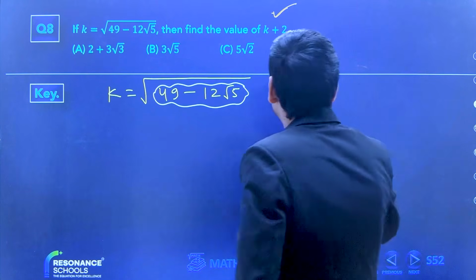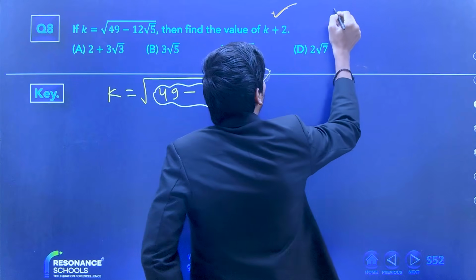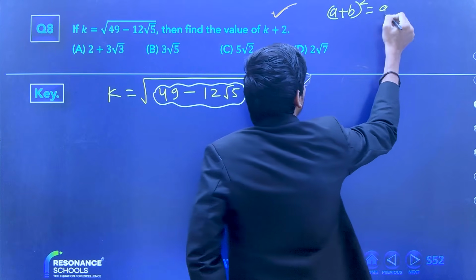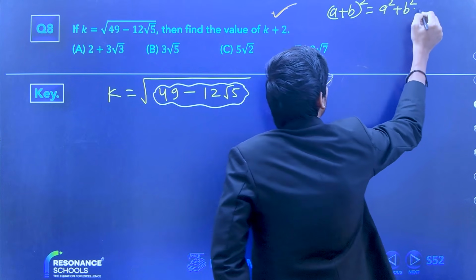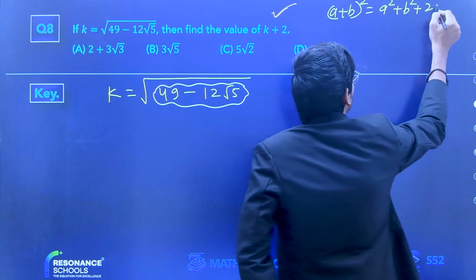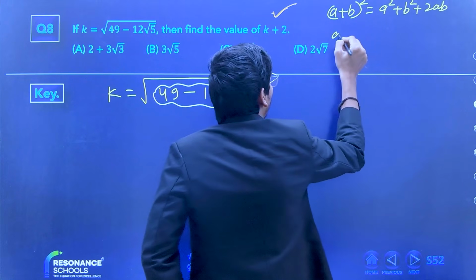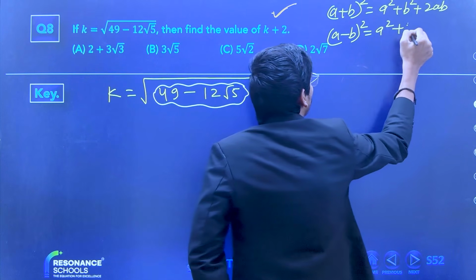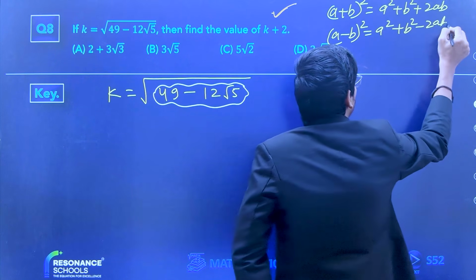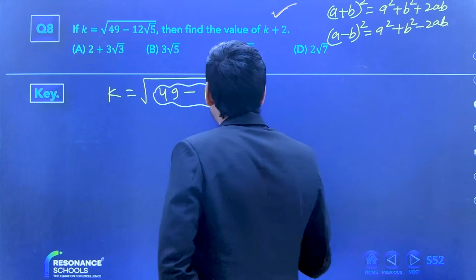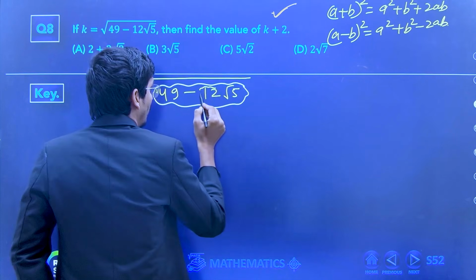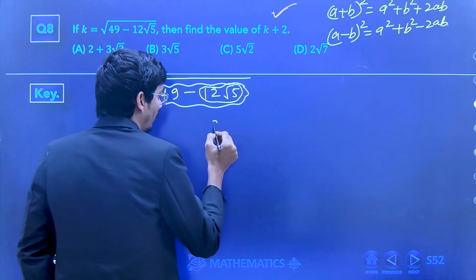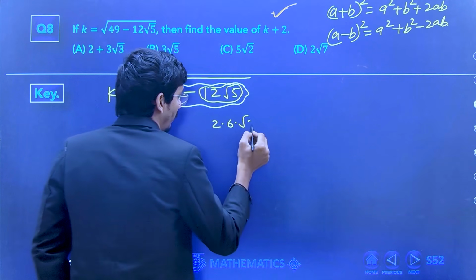First of all, you know this formula: a plus b whole square equals a square plus b square plus 2ab. So I want to make 12 root 5 as 2 into 6 into root 5.